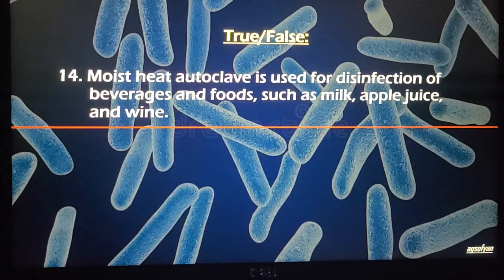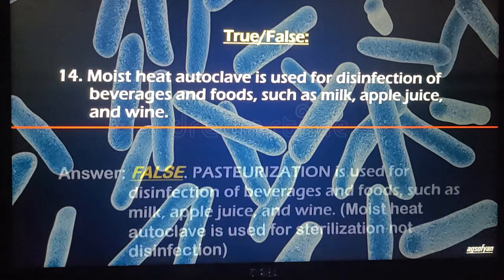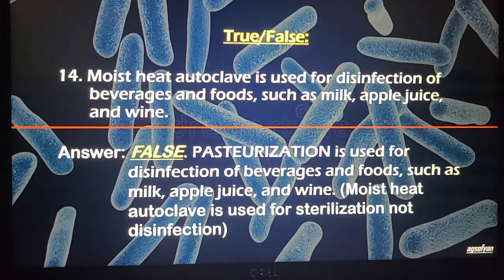Number 14. Moist heat autoclave is used for disinfection of beverages and food such as milk, apple juice, and wine. True or false? Give your answer. Yes, it should be false. Remember, autoclave is sterilization, not disinfection.